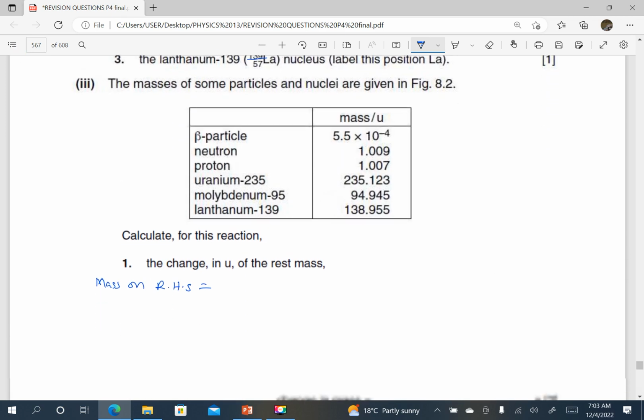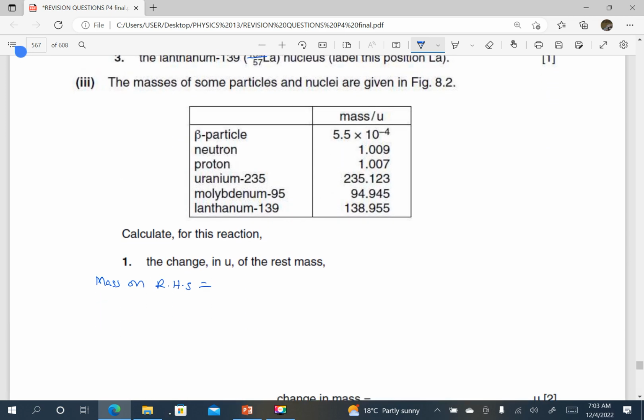So we have Mo, which is 94.945, plus La, which is 138.955, plus.